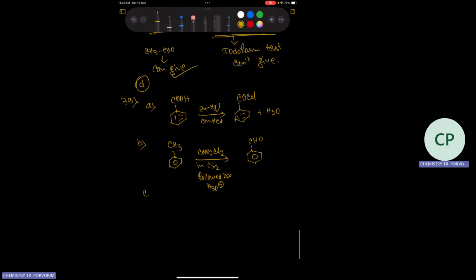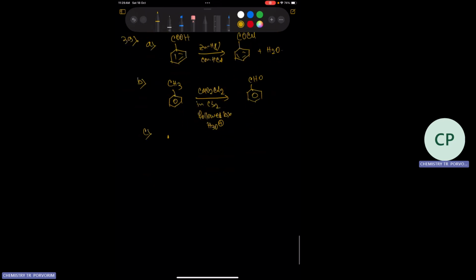Option C, COCl with hydrogen and palladium on barium sulfate, BaSO4, gives again benzaldehyde plus HCl.